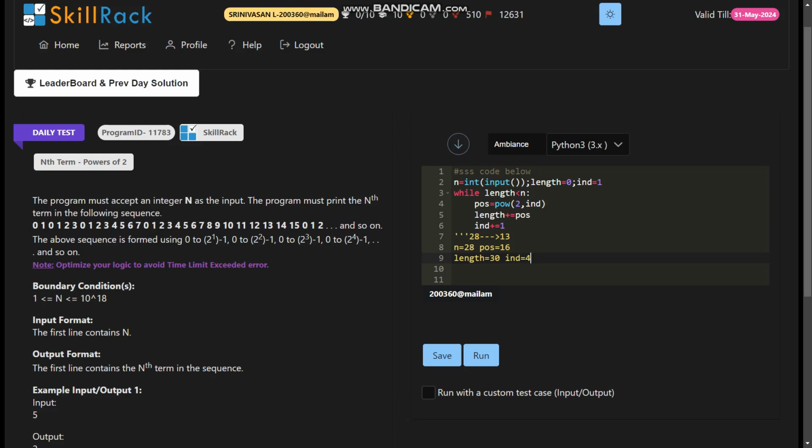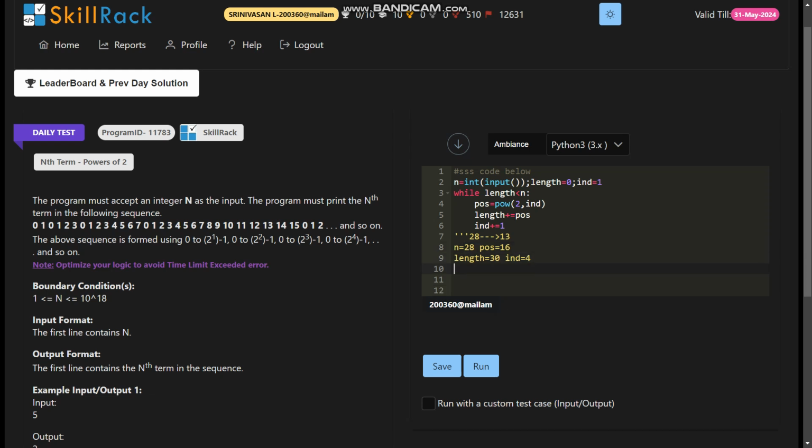Now let's decode how we get the answer. For 28 the answer is 13. How do we get it with all these numbers? 28 is in the range of 2 plus 4 plus 8 plus 16. The n is 28 minus the position 16 plus 1, which is 13.